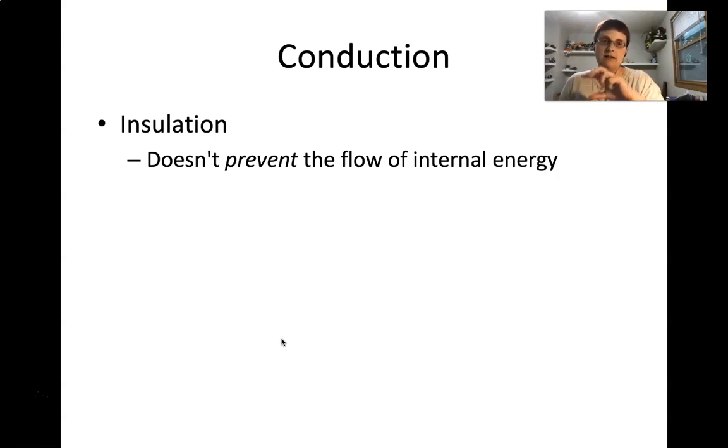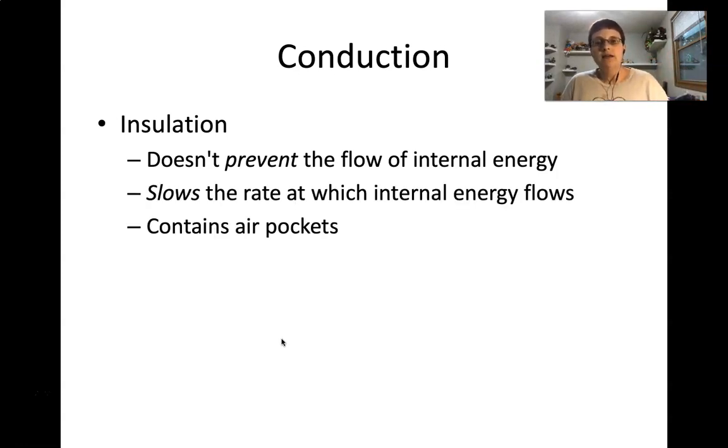It doesn't prevent that heat energy from flowing through the object. What it does is it slows the rate that internal or heat energy flows. It makes basically a pathway that energy has to travel through. That's because insulation contains air pockets.